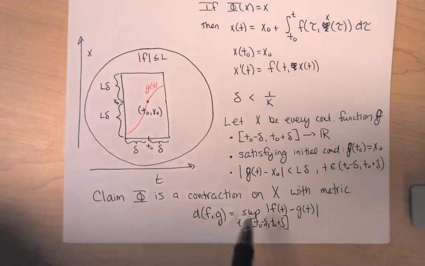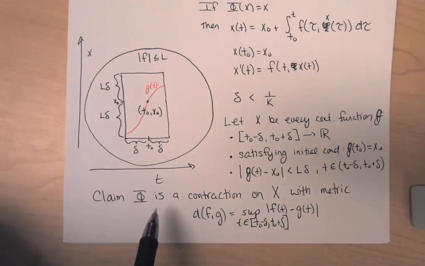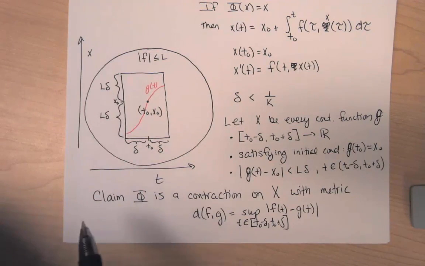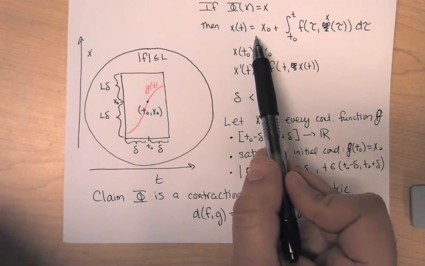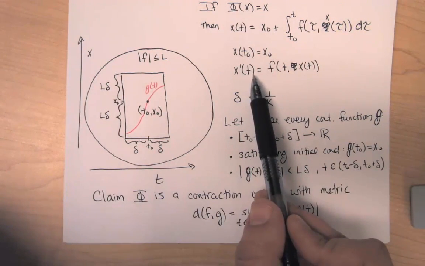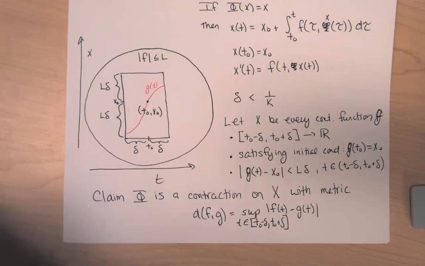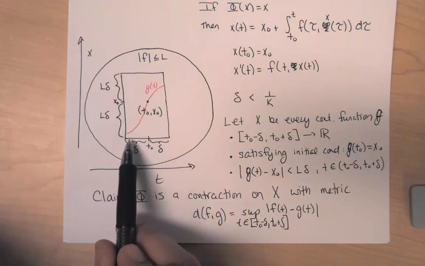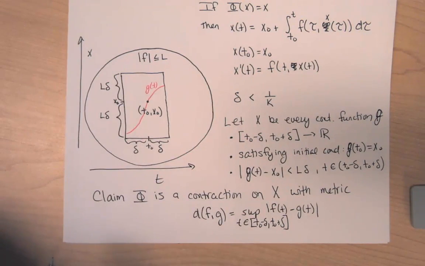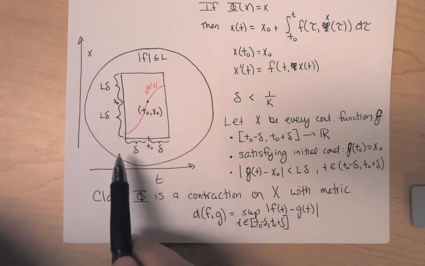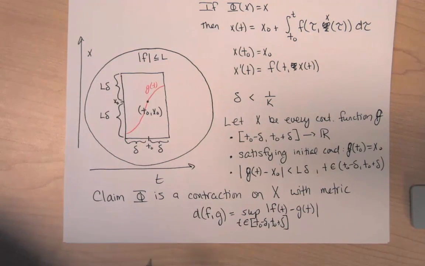So if phi is indeed a contraction on X, then it has a fixed point. And as we showed, if phi has a fixed point, then that fixed point is a solution to the initial value problem. And because the fixed point is guaranteed to be a function only on this region, that's why we have existence and uniqueness on some region. Now, of course, what would I have to show that it's a contraction?